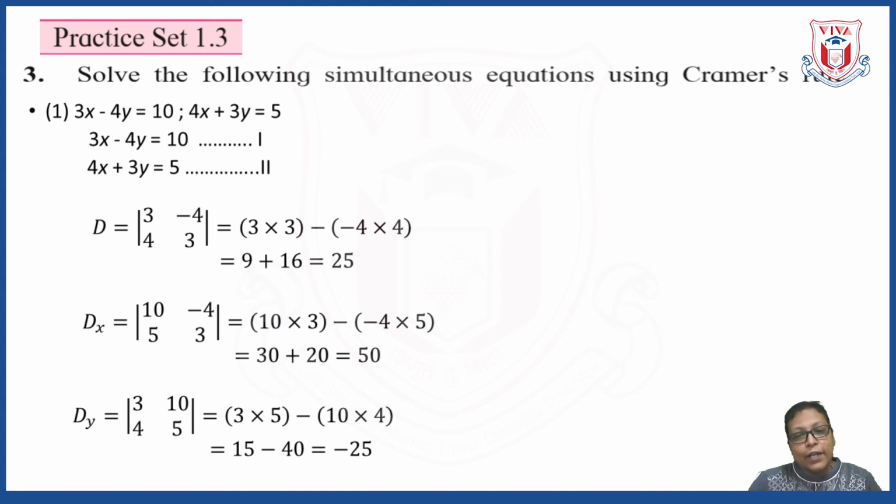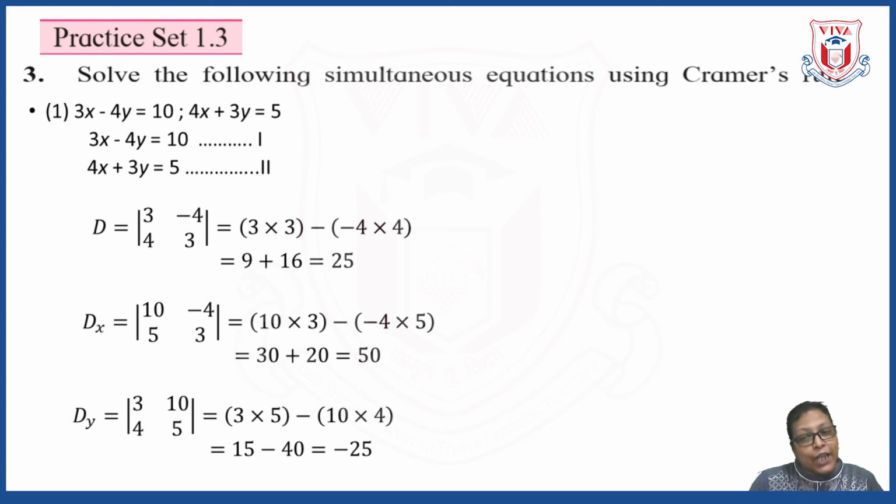Now solve Dy. 3 into 5 minus 10 into 4. So 15 minus 40, you are going to get minus 25. Since 40 is a bigger number and it is having a negative sign, your answer is minus 25. So you know now D, you know Dx and you know Dy.